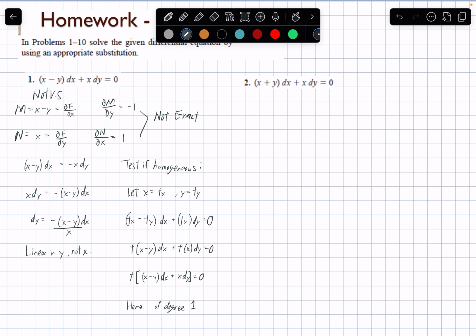We can say that the differential equation isn't homogeneous if, for example, this one is t squared and this one is just t. But essentially, that is the idea.